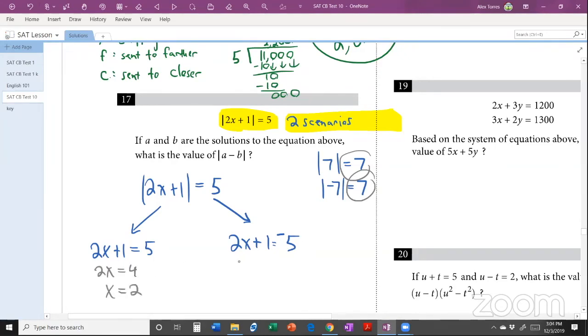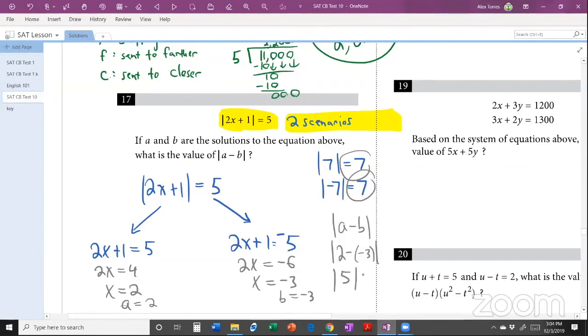Here you can take away 1 from both sides again, divide by 2 on both sides. So you get 2 and negative 3. They're saying A and B are the solutions, and they're not specifying which. So we'll say A equals 2, B equals negative 3. And what's the absolute value of A minus B? That's the absolute value of 2 minus negative 3. And that's the absolute value of 2 plus 3, which is 5.